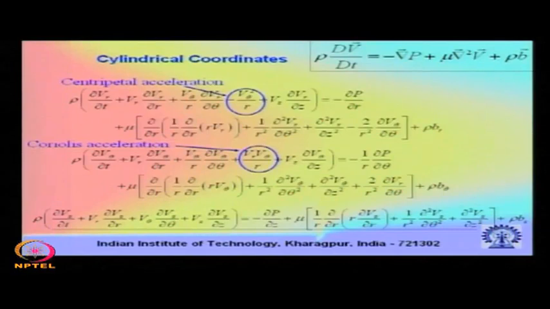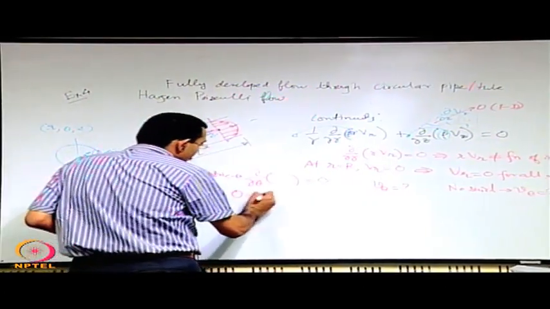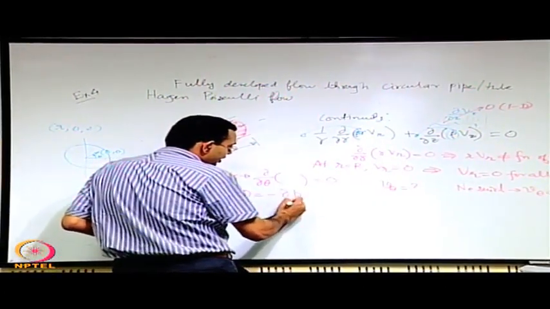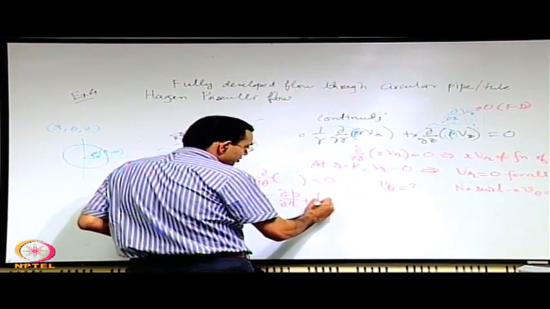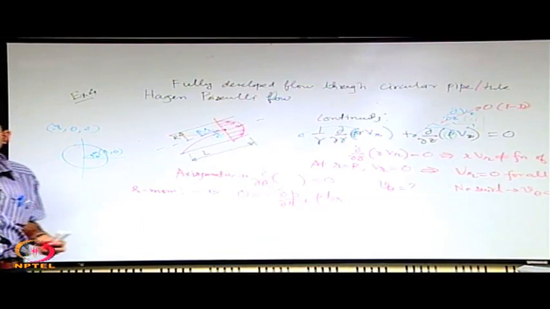You see that there is only one velocity component, which is Vz, and there is no Vz term in this, so the R momentum equation gives 0 equal to minus dp/dr plus ρ into Br.